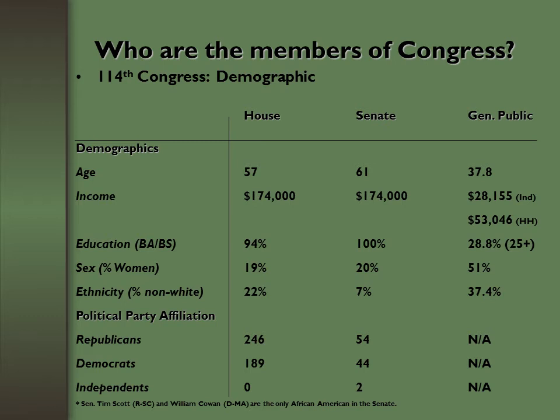Ethnicity, we're talking about percent non-white, non-ethnicity in terms of diversity here. In the House of Representatives, we have 22% that are of different ethnic makeup, and 7% of the Senate, while roughly 37% of the U.S. population are minorities.